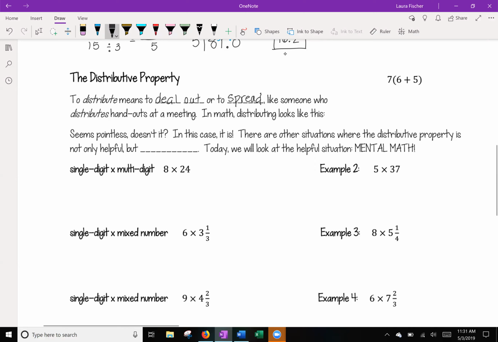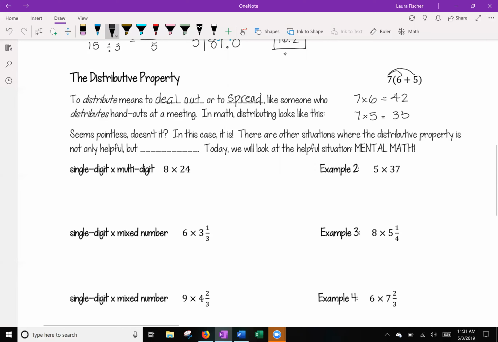You've got parentheses, and everybody knows that you do what's in the parentheses first, but we're not going to do that here so that we can look at the property. 7 times 6 is 42, and 7 times 5 is 35.